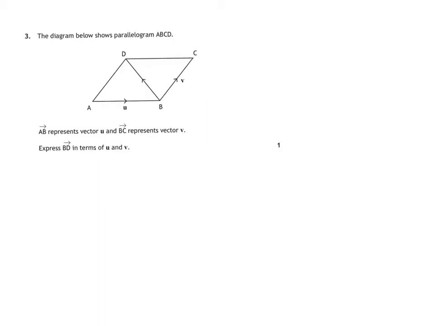Right, so for question 3, we have been asked, AB represents the vector u, so that's here, and BC represents the vector v. It's a parallelogram, so what we know about parallelograms is that the vector v, BC, is also going to be the same as the vector here.